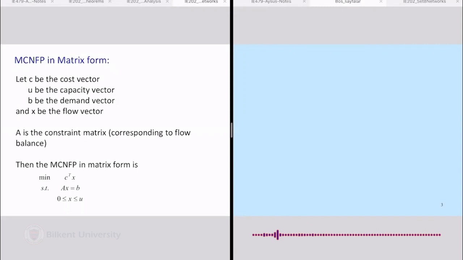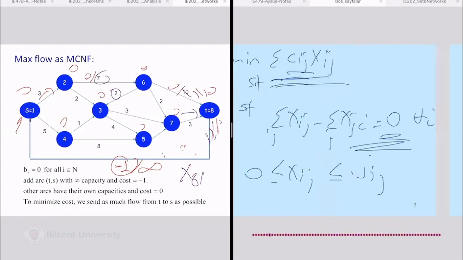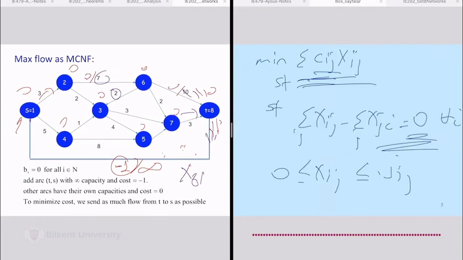Do we write a bound for each arc? Where are the capacities of the arcs? In here, the arc capacities are the original arc capacities, whatever they are, and the costs will be 0, so that when I solve this, I'll be sending the max flow. Do we write an inequality for each arc? Of course.